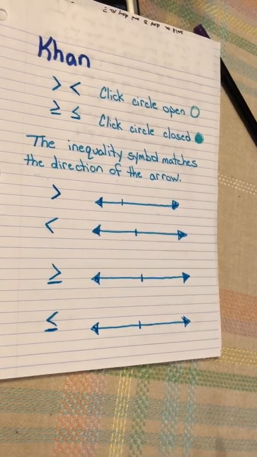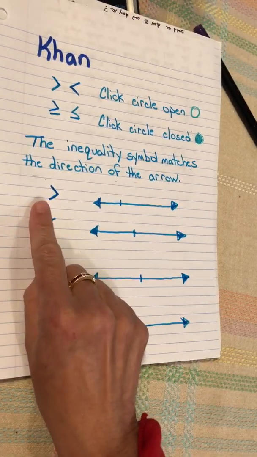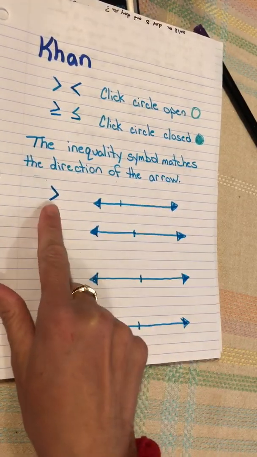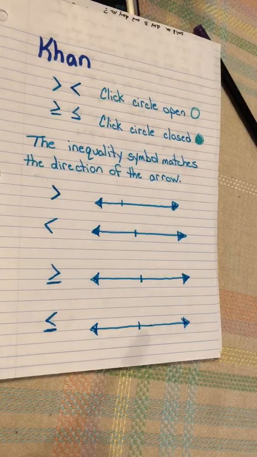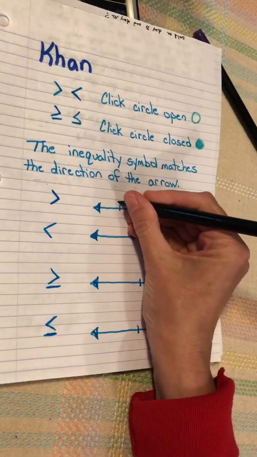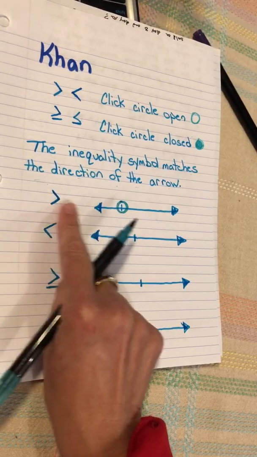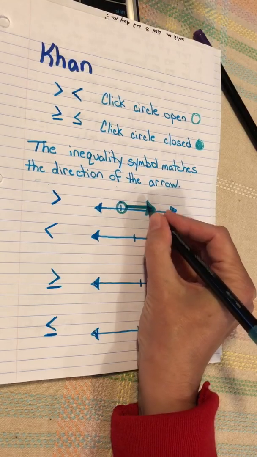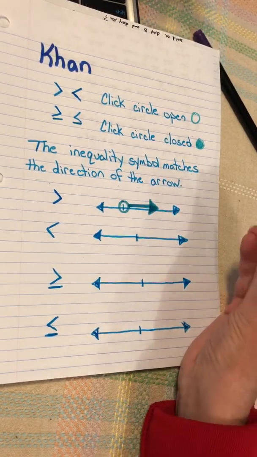So in this one, the arrow is going to the right. It does not have the or equal sign on it, so we would do an open circle. Because the inequality is pointing to the right, our arrow would be pointing to the right.